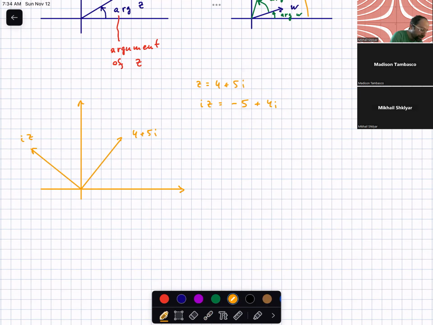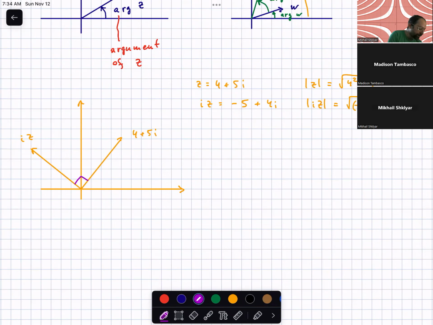The magnitude of z is the square root of 4 squared plus 5 squared. And the magnitude of i times z is the square root of negative 5 squared plus 4 squared, which I'm not going to bother calculating. It's clear that those values are the same because negative 5 squared and 5 squared are the same value. And also, it looks like this is a right angle.